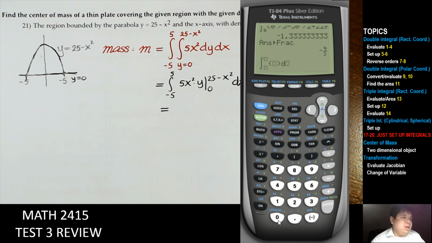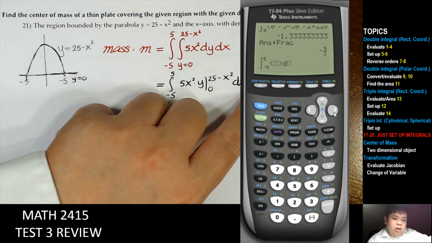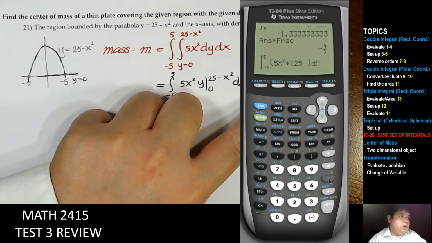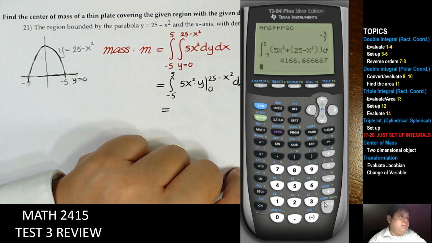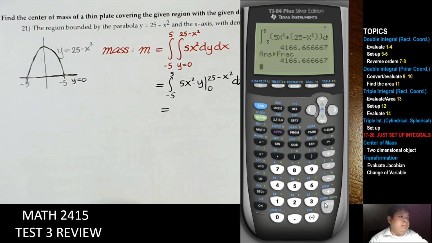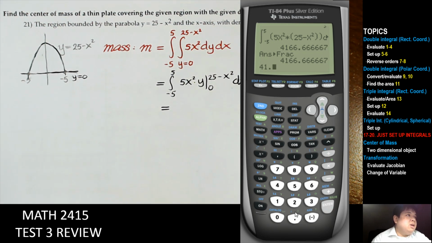Right, negative 5 to 5, 5x squared times 25 minus x squared. We have a fraction here. It looks like there's a little bit off there.